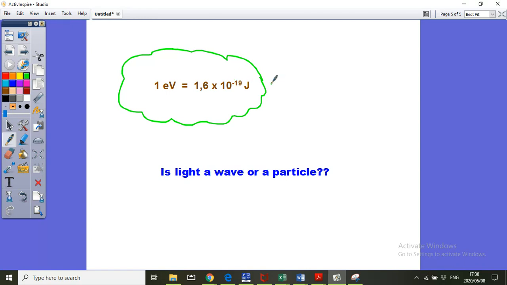Again, go to your information sheet and look for this because it's there. To convert from joules into electron volts, you're going to divide by 1.6 times 10 to the minus 19. And if they give you electron volts and you want your energy in joules, then you're going to multiply by 1.6 times 10 to the minus 19.